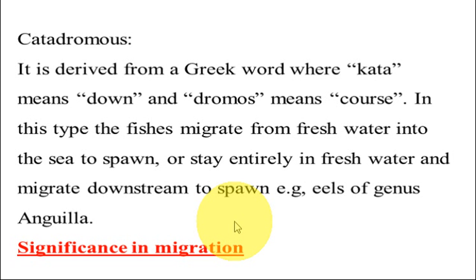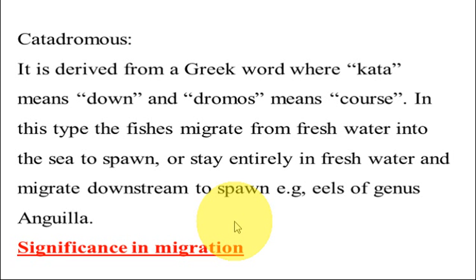This is the first significance. Another, fish generally migrate to a place where there is ample food supply. Next, last one, for proper development they search for a habitat, or migrate to a habitat with favorable temperature, light and salinity.